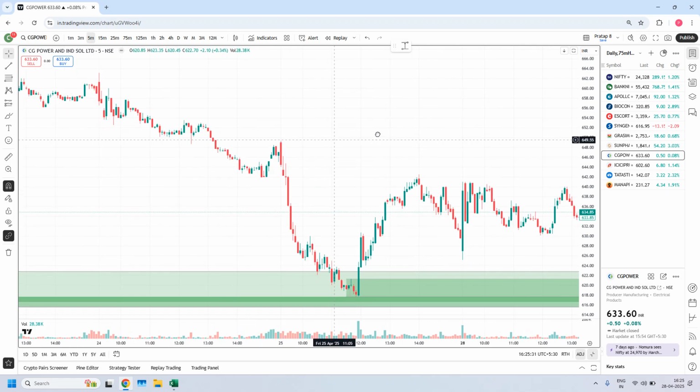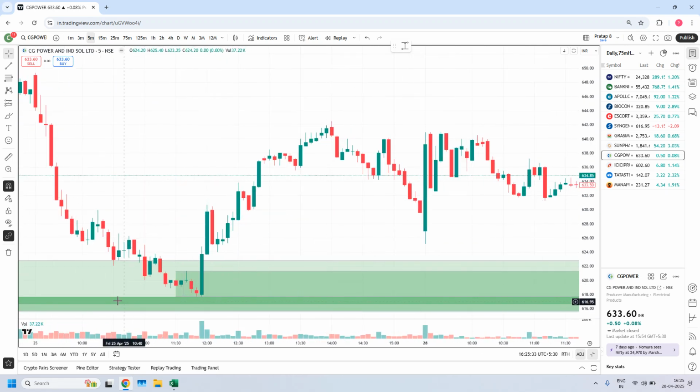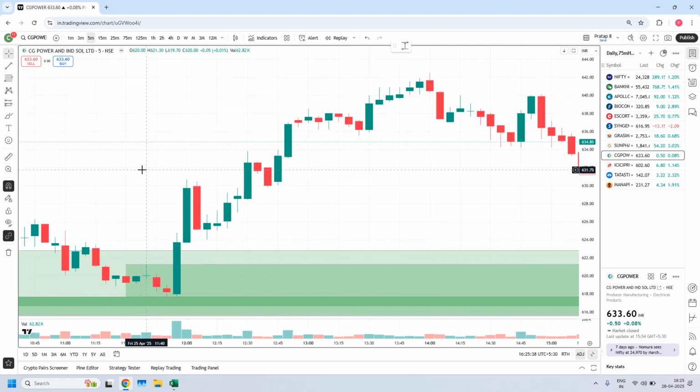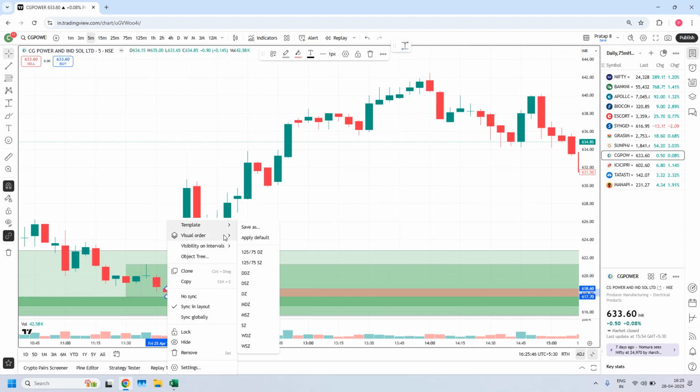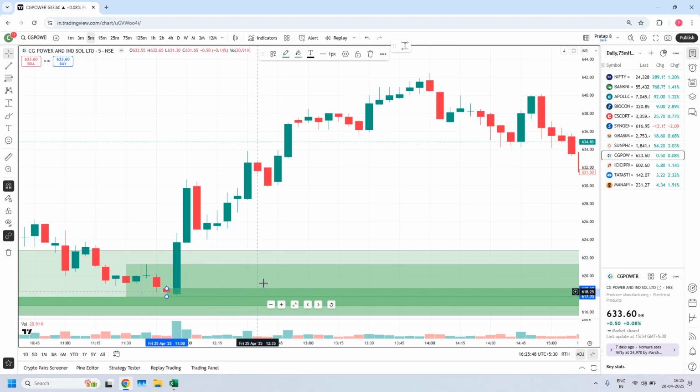That means this 5 minute zone order flow is very strong. Not only that, if you observe carefully, again a drop, base, rally is created, a LOTL 5 minute zone. So this is the way you can draw this zone, from where it picked up.